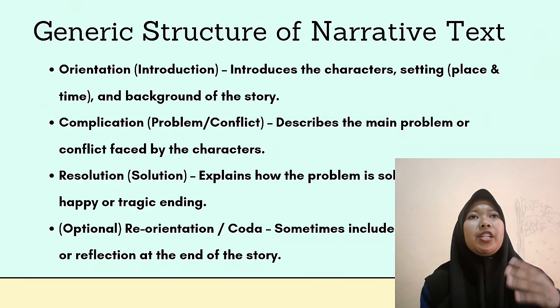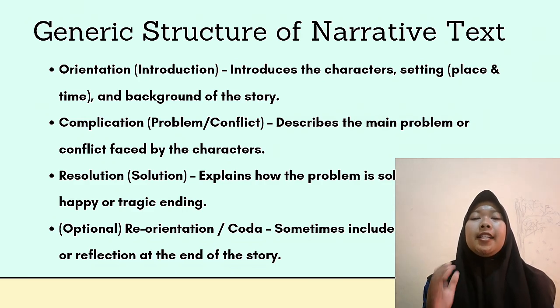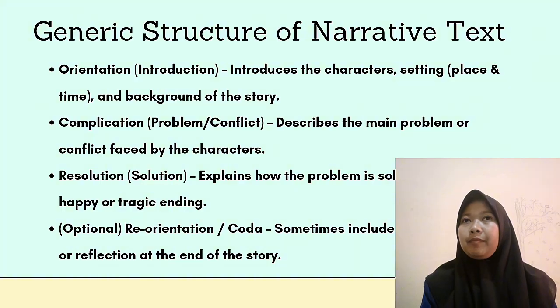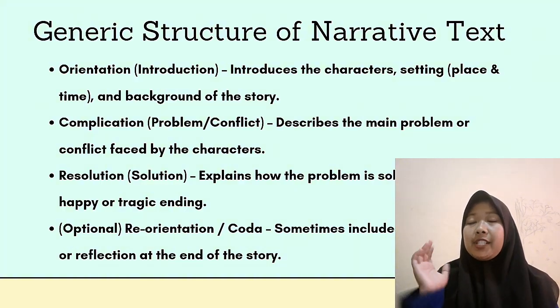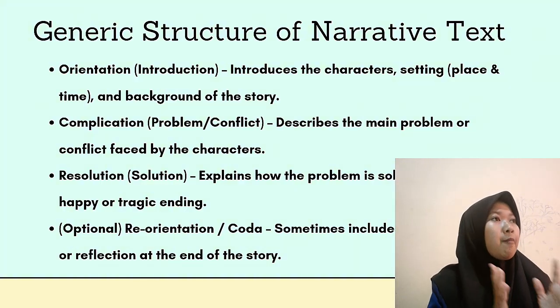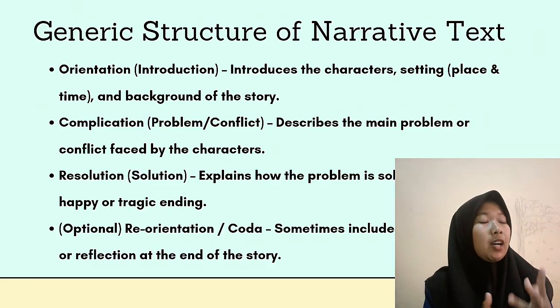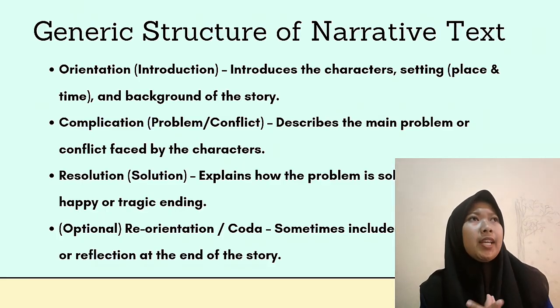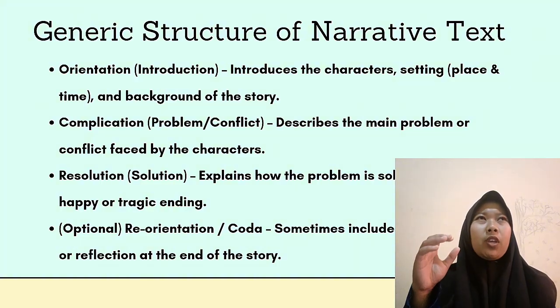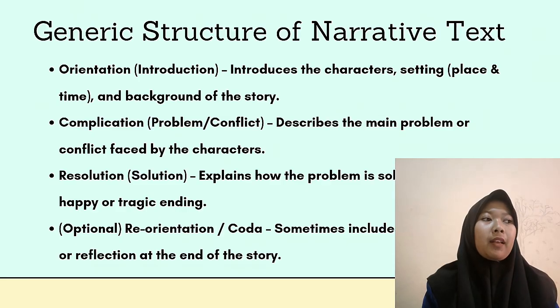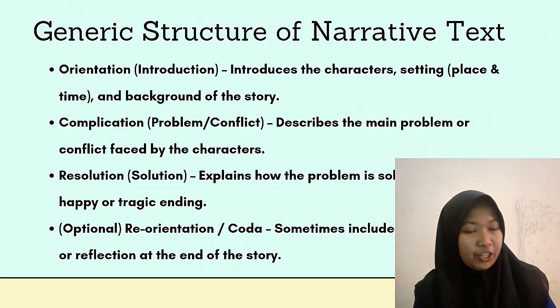Orientation is the same as introduction. In the first paragraph of the story, there is an introduction about the story. Later we want to read the story and identify where the introduction or orientation is.